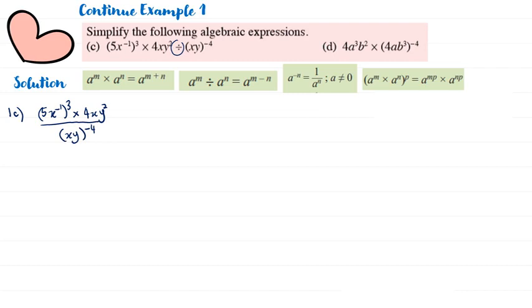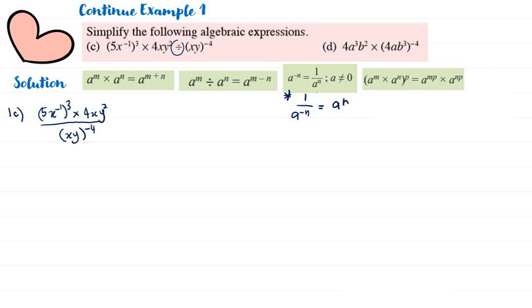Okay, and then since we have a negative index at the bottom, we need to apply the third rule here. So to make negative 4 positive, since the original formula has it on top, to make it positive we bring it to the bottom. And conversely, if it is 1 over a to the power of negative n, to make it a positive index, it becomes a to the power of n.